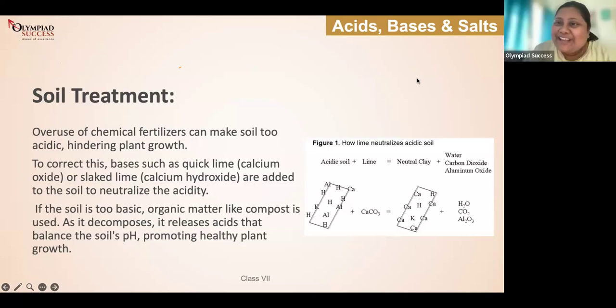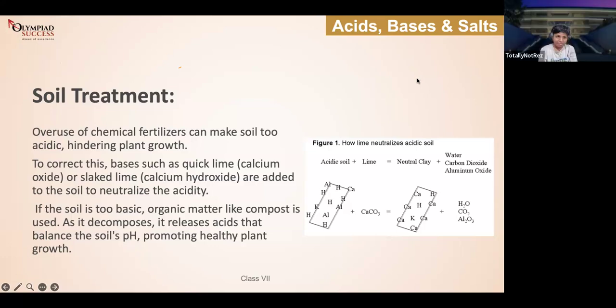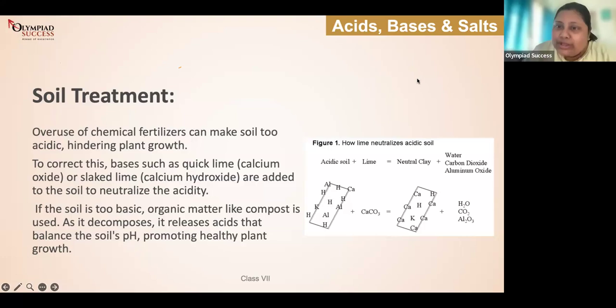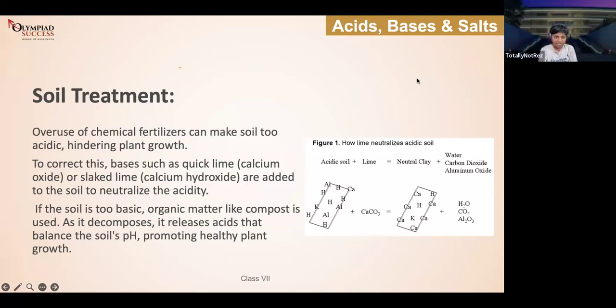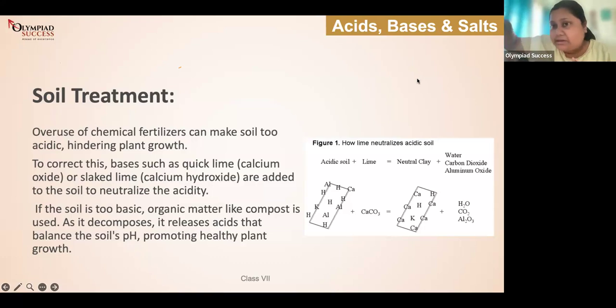Farmers are not usually very rich, right? They need money, correct? So what do they need to do? They need a quick solution. So they are going to add lime powder to it. Lime powder means slaked lime, not lemon.